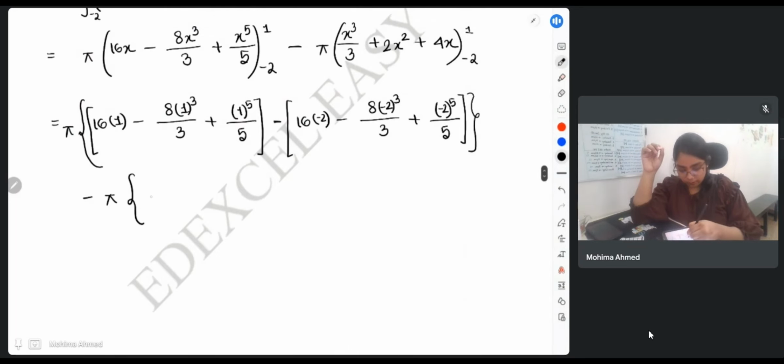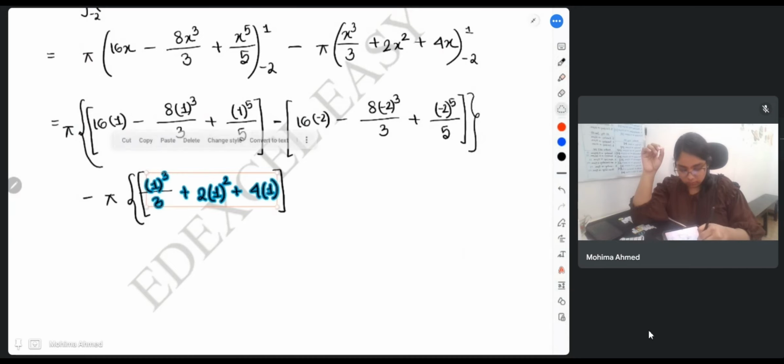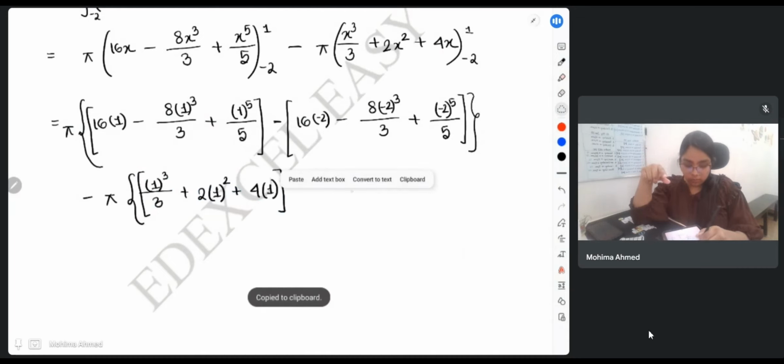So now you have 1 cube divided by 3 plus 2 times 1 square plus 4 times 1. This will again be repeated with the values of x as minus 2.